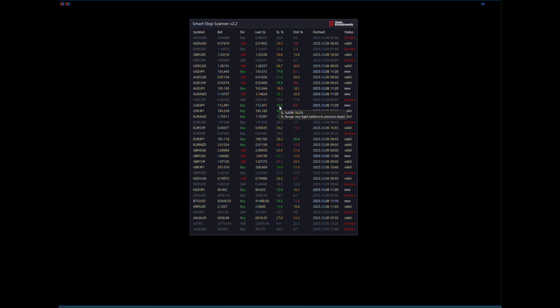And then you can still check if this is a valid opportunity or not. But I mainly focus on those that are very tight or tight, which is colored in a bit darker green tone. For entry triggers, I mainly focus on those that are either darker green or brighter green, because they are classified as tight or very tight according to our internal Smart Stop classification.